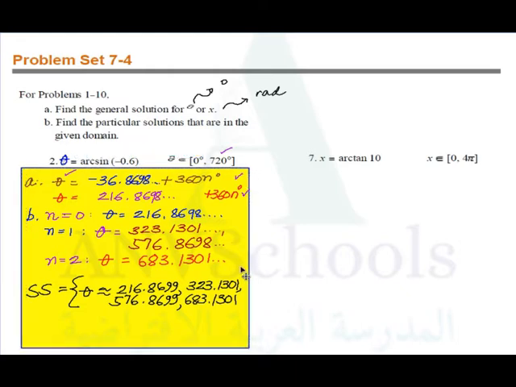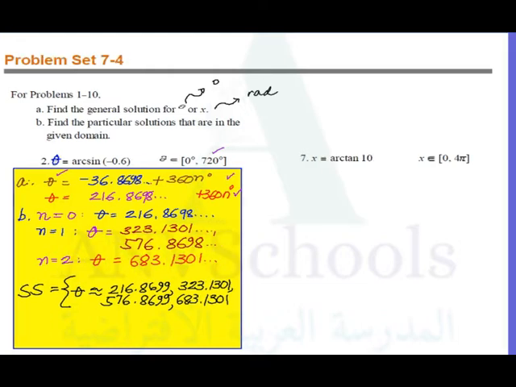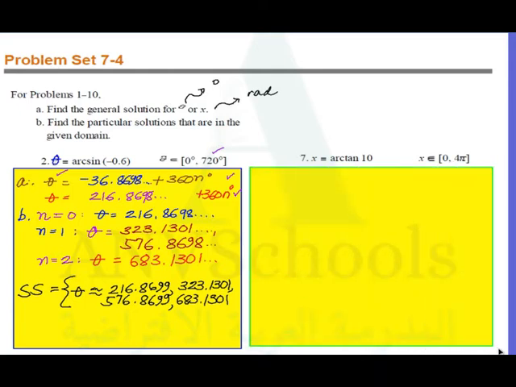Okay, let's go to number 7. Now let's make another box for this problem. This is arctan of 10, so this is tangent.